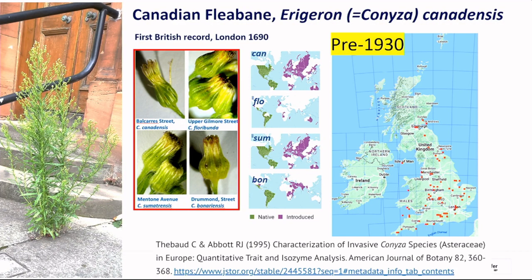And then I spent much time trying to identify the fleabanes. So this is a fleabane I saw during lockdown. This one is growing outside the Edinburgh College of Art, the back entrance, a rather fine specimen.